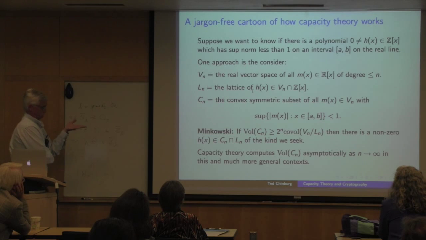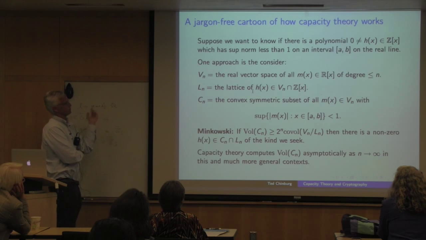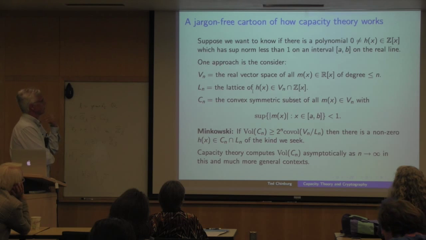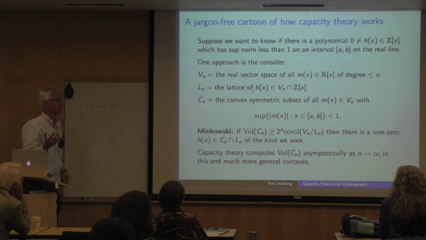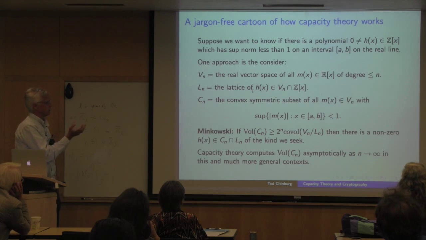Okay? This is a cartoon version of what we have. Look at the real vector space of all polynomials with real coefficients that have some degree. And inside there, I've got a natural lattice.